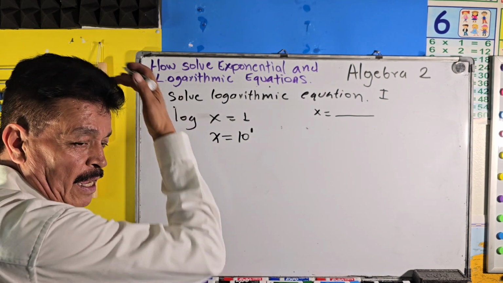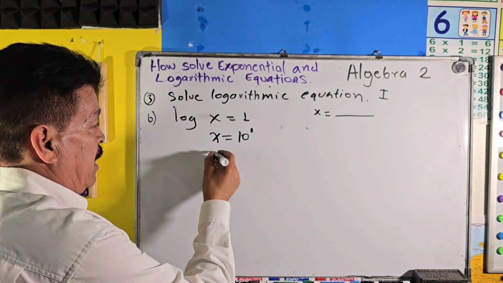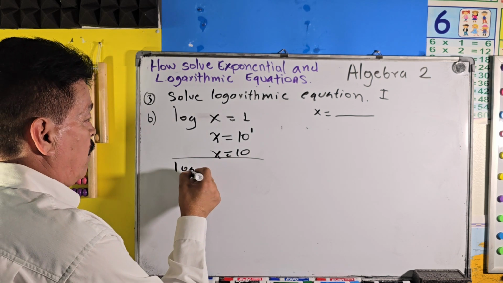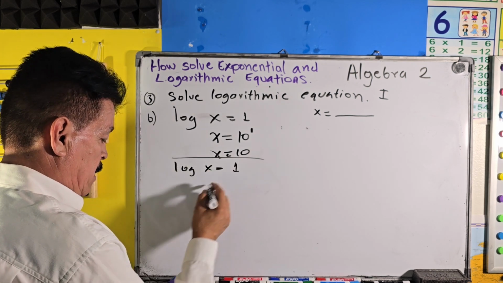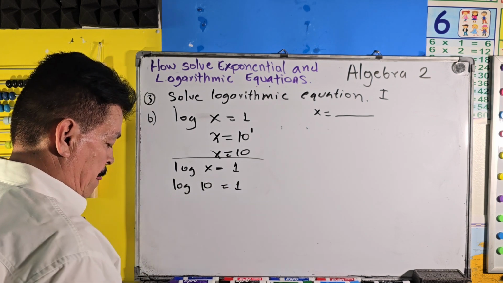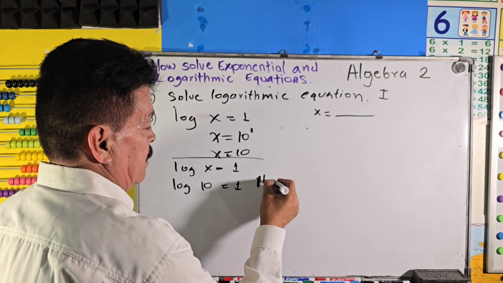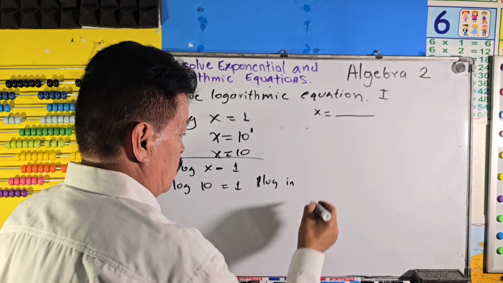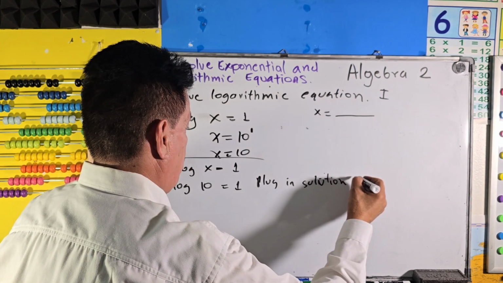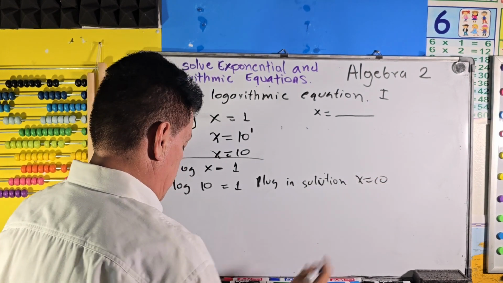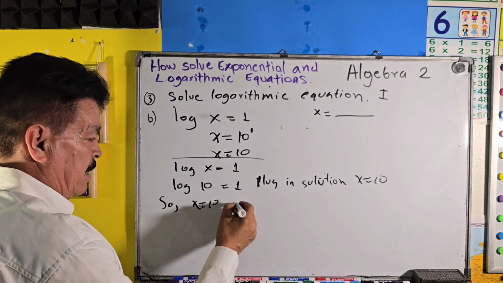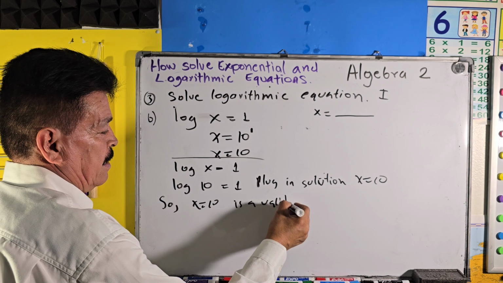Remember, I showed you in the first problem. So x equals 10. Very simple. Therefore, log of x equals 1, so log 10 equals 1. If we plug in the solution x equals 10, the answer x equals 10 is a valid solution.